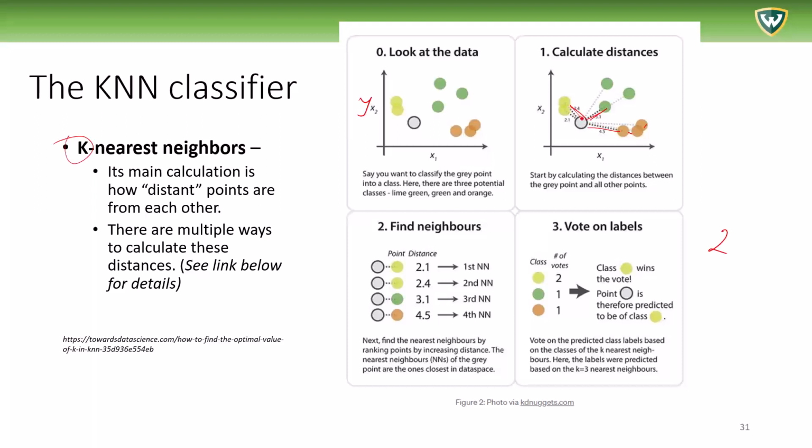Let's say your new point is equal distance from the lime green and the green. It's 2 here and then 2 here. Well, the model is not going to know which one to classify it as. You can randomly assign, but if it's the same distance to one green and one yellow, then it doesn't know where to go.